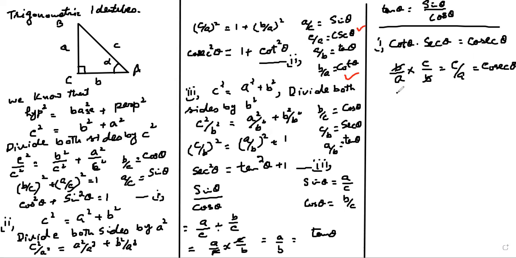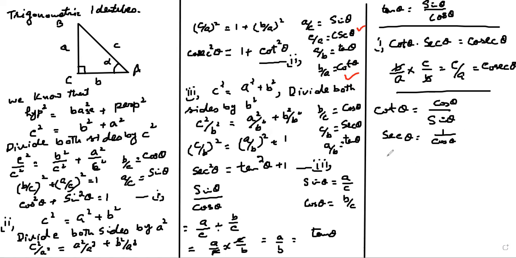Or we may do it another way, there is another style to do this question also. So cotangent theta is equal to cosine theta divided by sine theta, and secant theta is equal to 1 over cosine theta.